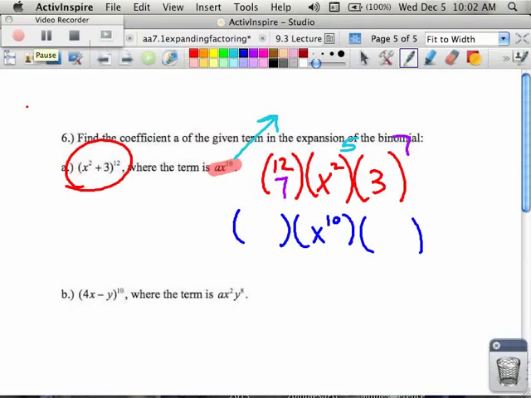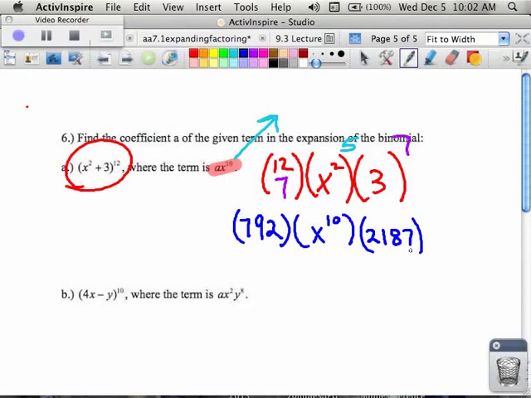Okay, so in the first parentheses, 12C7 is 792. X squared to the 5th power was x^10. And Alexis, did you get the 3^7? 2,187.